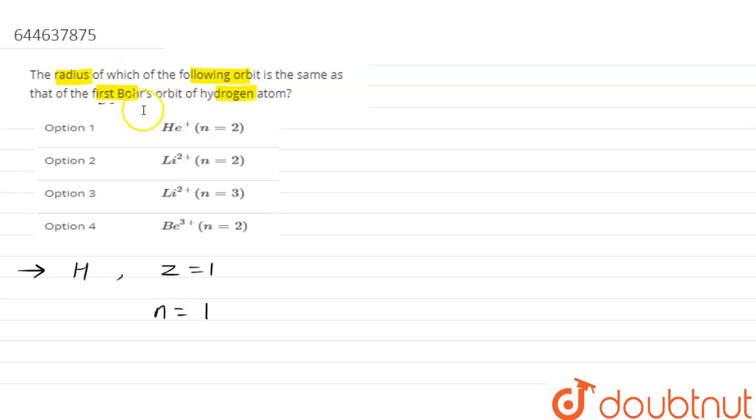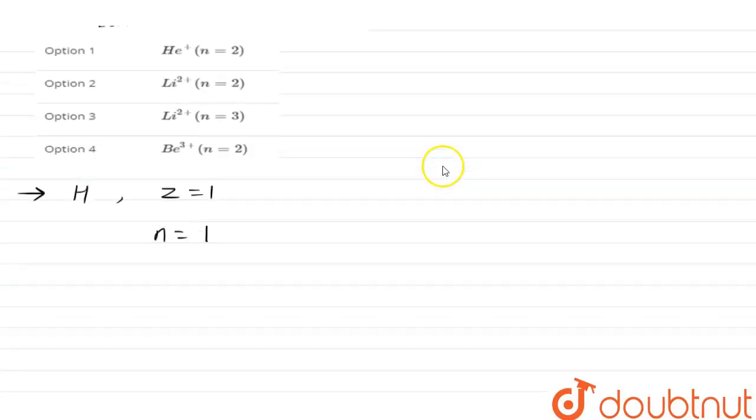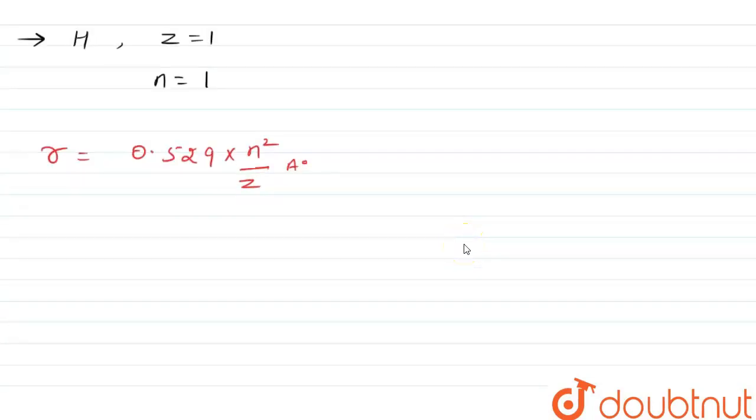Now let's calculate the radius for this given condition, then we can match with the options. To calculate the radius, the formula is 0.529 into n square divided by Z, in angstrom. So we calculate the radius according to the given data.